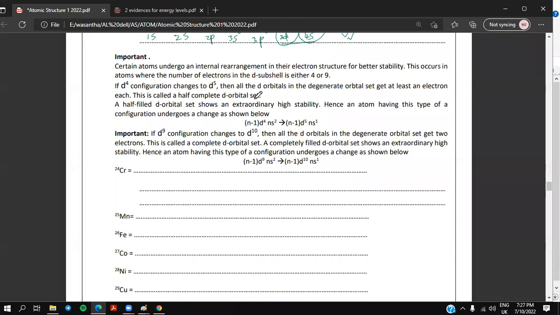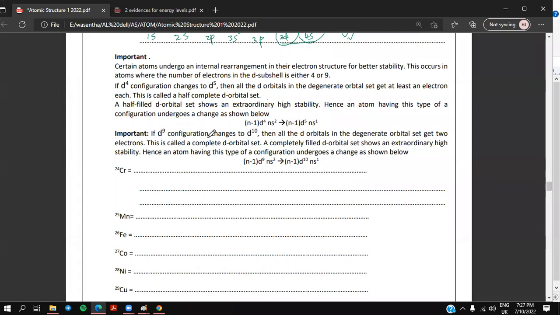This is called a half-complete d orbital set. A half-filled d orbital set shows an extraordinarily high stability. Hence, an atom having this type of configuration undergoes a change: (n-1)d4 ns2 goes to (n-1)d5 ns1. Now this is half stable.